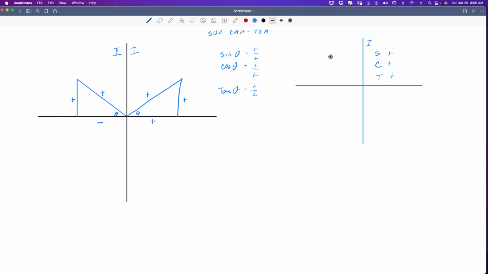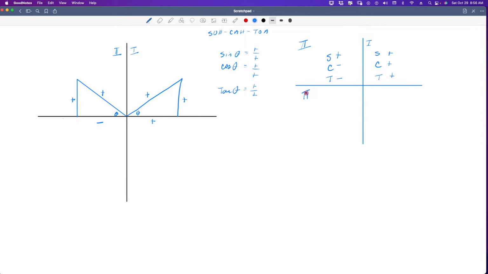So the sine here is positive. For cosine, we have adjacent over hypotenuse. So that's negative over positive, so the cosine is going to be negative. And then we have the tangent, opposite over adjacent, so negative over positive, so the tangent is also negative. All right, that's quadrant 2.